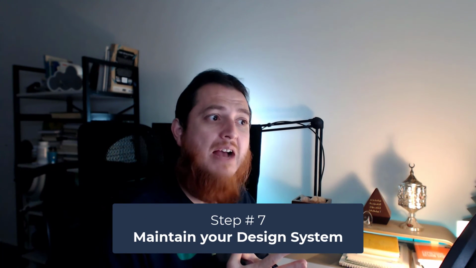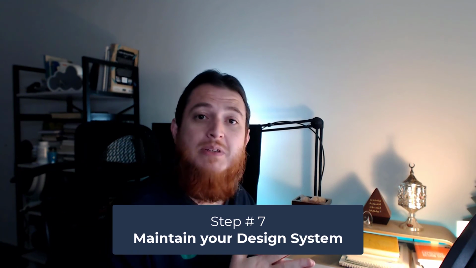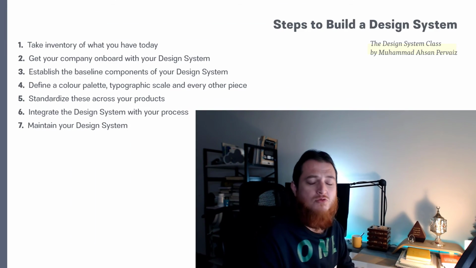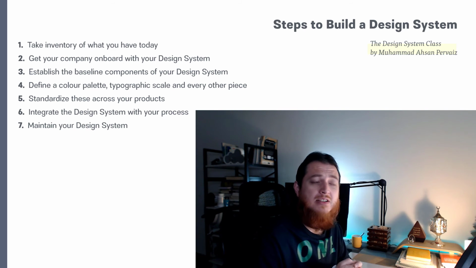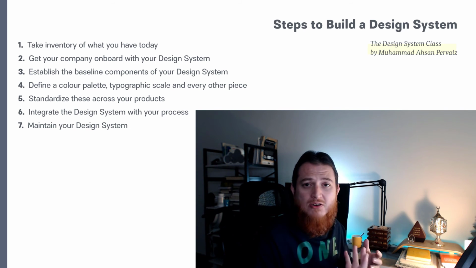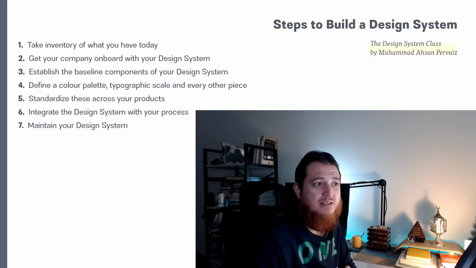The last one is maintaining your design system. We have to maintain it because a design system is ever evolving. You cannot have a design system that is static for 5 years. You have to create new components. You might not need a certain component or button anymore. After 1 or 2 years, you may have to create a new theme for your whole design system.